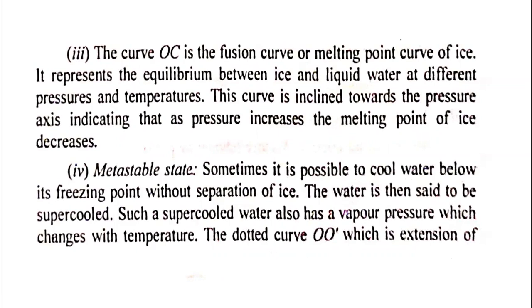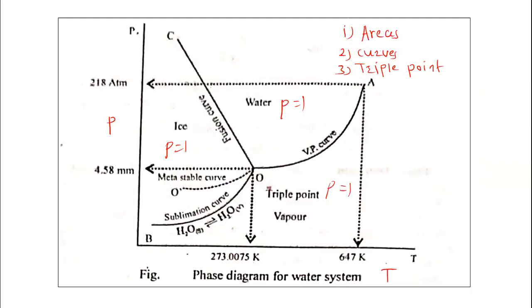Solid ice is in equilibrium with liquid water at different pressures and temperatures. This curve is inclined toward the pressure axis, indicating that as pressure increases, the melting point of the ice decreases. See here, this is inclined over the pressure axis.